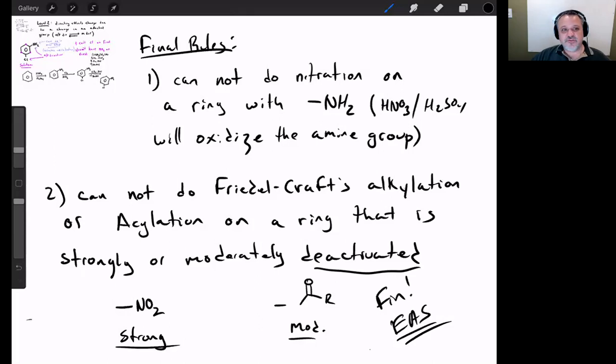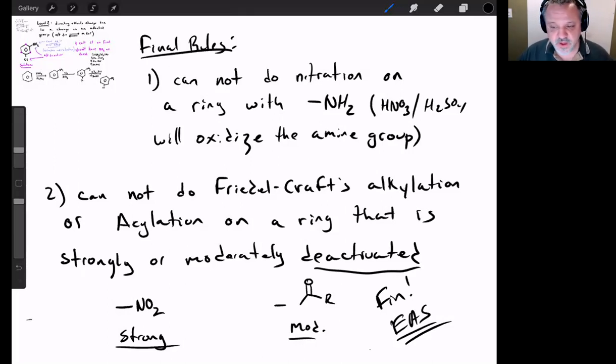All right, and so after we thought about the directing effects, I will remind you, we really did dig into the individual mechanisms and resonance structures of some of these groups to figure out if they were electron donating and electron withdrawing. Remember, then there was a discussion about the exception that is the halogens. And then we really dug into this bit about directing effects and synthesis strategies.